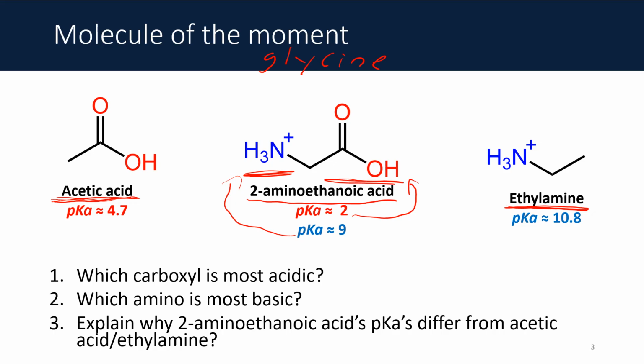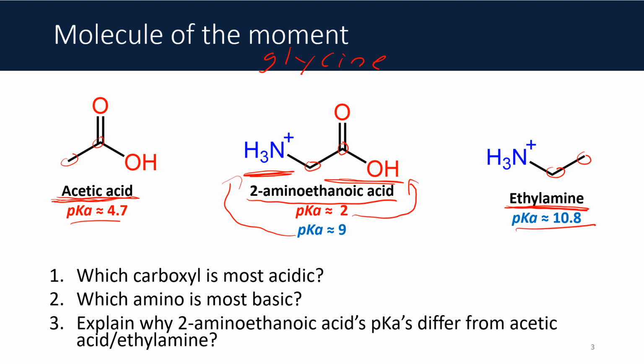They both exist off of a 2-carbon backbone, except acetic acid just bears the carboxyl part, and ethylamine just has the amine functional group on it. And their pKa's are different. For acetic acid, it's 4.76, but let's just say 4.7 to make it simpler. And the pKa of ethylamine is 10.8.